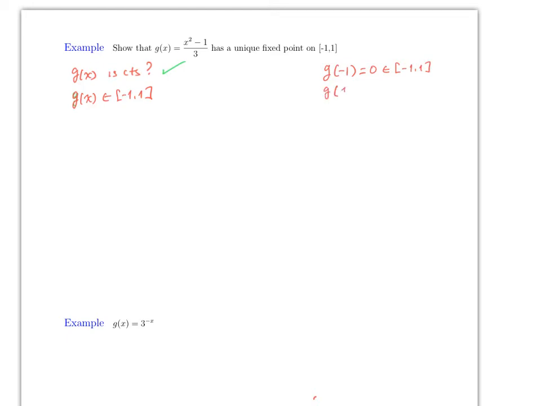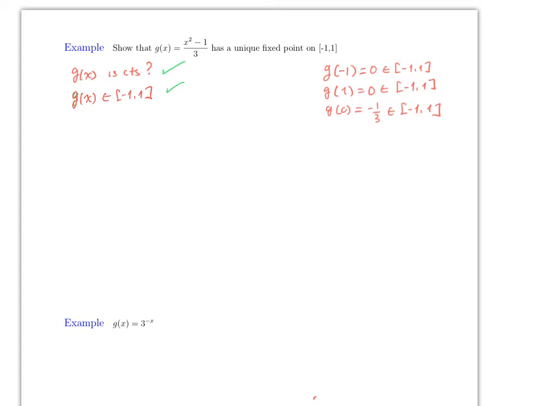G of -1 is equal to 0, which also belongs to -1 and 1. G of 0 is actually equal to minus 1/3, which is also between minus 1 and 1. So therefore this is okay. That's not a rigorous way to show it, but that's a way to show that the image is in there.